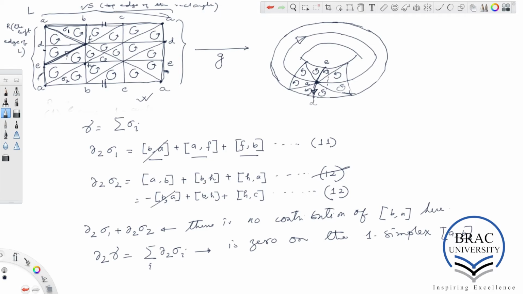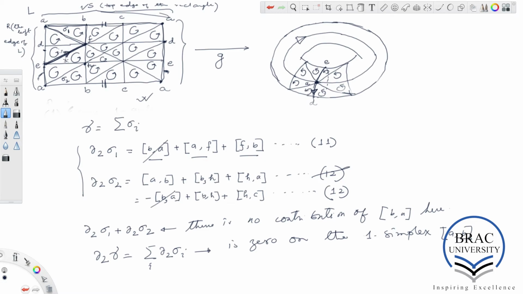We can check, in that case we have to take these two simplices and do the same computations that we did here with sigma 1 and sigma 2, and we'll see that if we take these two simplices, then when we apply the boundary operators on the respective elementary two chains and then add them up, there will be no contribution of this one simplex in the resulting expression. They will be cancelled.